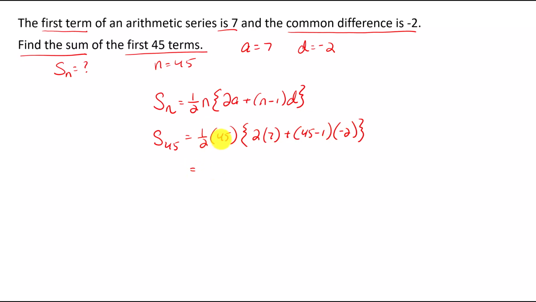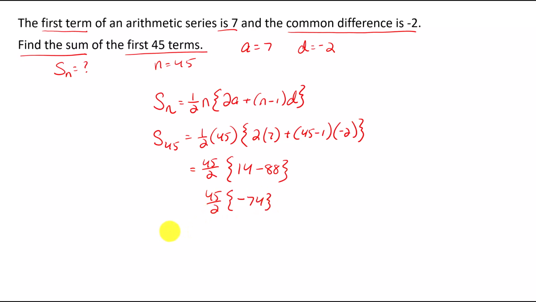Okay, so I'm going to do 45 times 1/2, and I'm just going to leave that as 45 over 2. You could write the decimal, and that would be fine. 2 times 7 is 14. 45 minus 1 is 44. Times -2 is -88. And so then I can do 45 over 2 times 14 minus 88, which is -74.